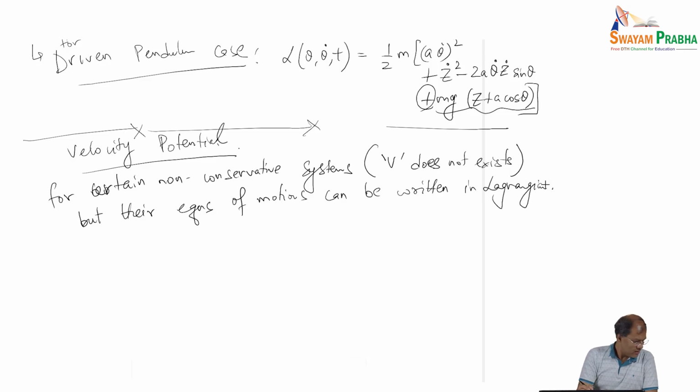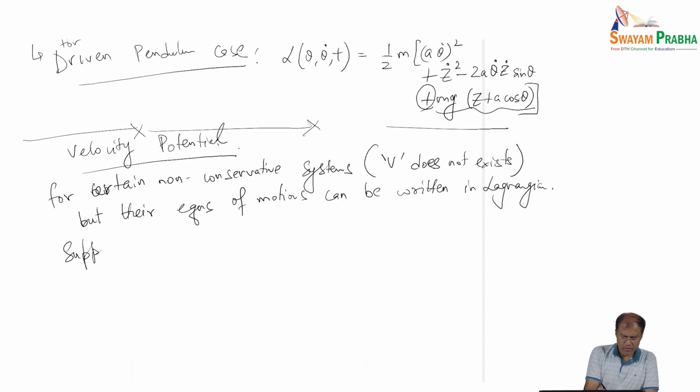So how is it possible? All I have to worry about is how to write down the right hand side of the Lagrange equation of motion, which is how to write down the generalized forces. We introduce a velocity potential so that it can represent the generalized forces. So what I just said is the following.